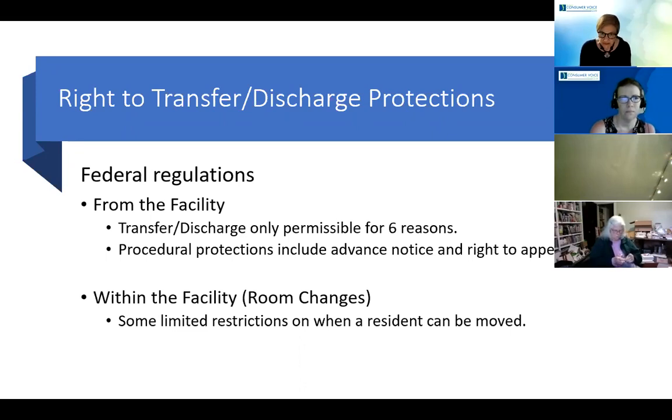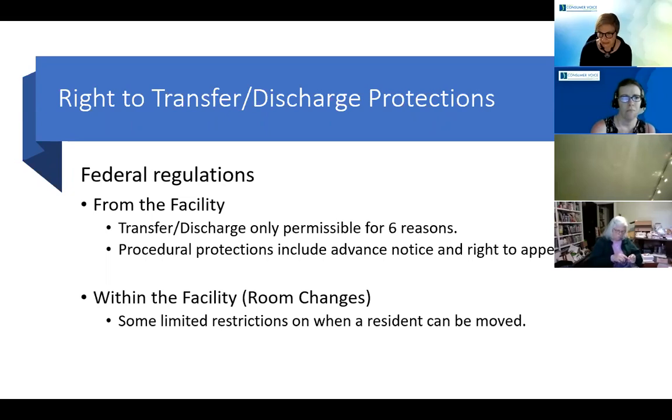So in addition to the fact that there are only certain reasons that a facility can discharge or transfer someone, there are also some procedural protections for the resident as well. And one of those is that the resident has to be given advance written notice, and that's usually 30 days prior to the date of the proposed transfer or discharge.